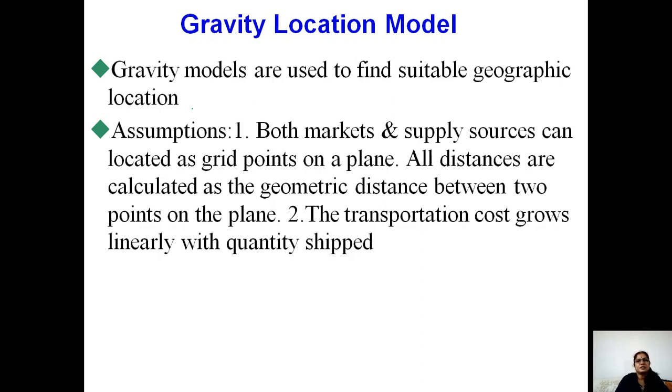A few assumptions are made. Both markets and supply sources can be located as grid points. Using the coordinates, we can represent them on a plane. All distances are calculated as geometric distance, and then the transportation cost grows linearly with the quantity shipped.